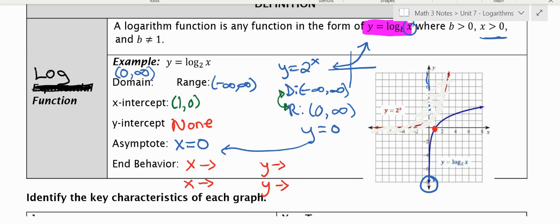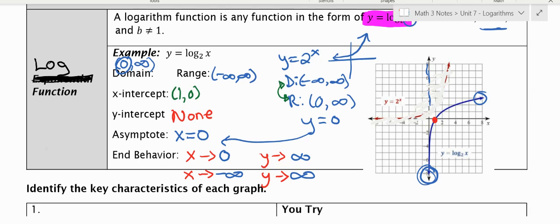So it doesn't go all the way to the left. You can see our domain goes from 0 to infinity, right? So that comes into play. When we look at the left tail, it goes to negative infinity. When I go on my right tail, it goes to positive infinity. So it's like the reverse of what we saw for 2 to the x.